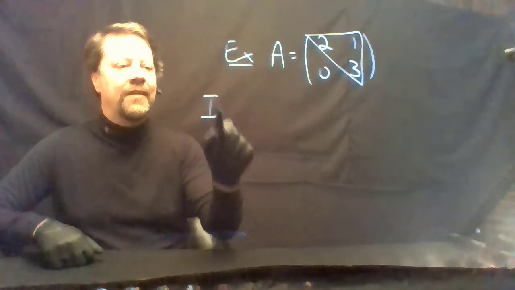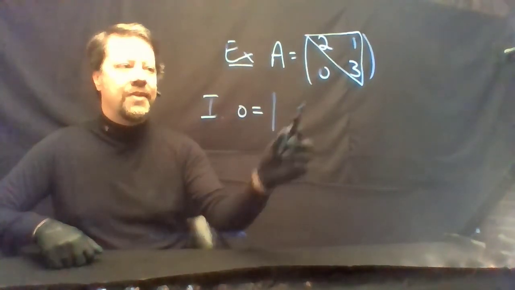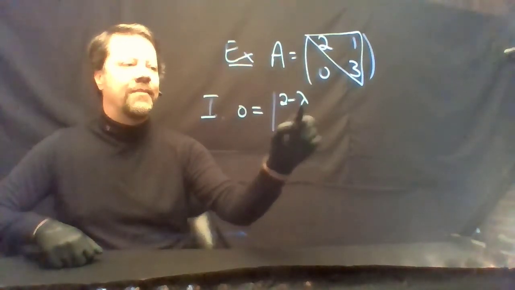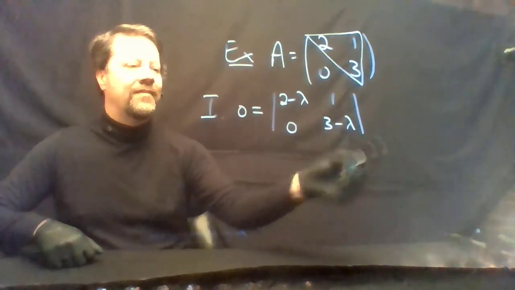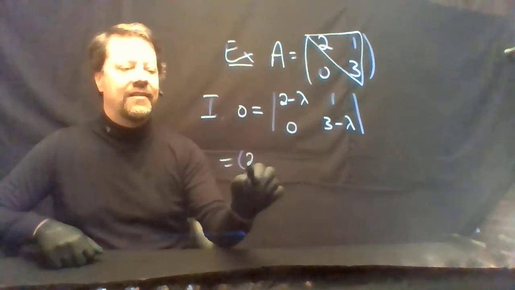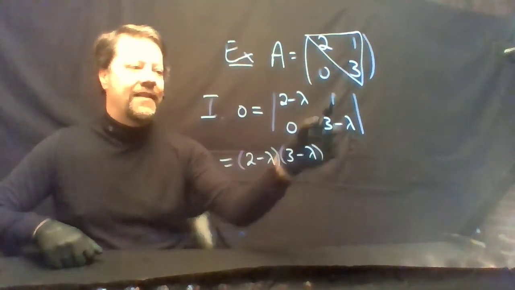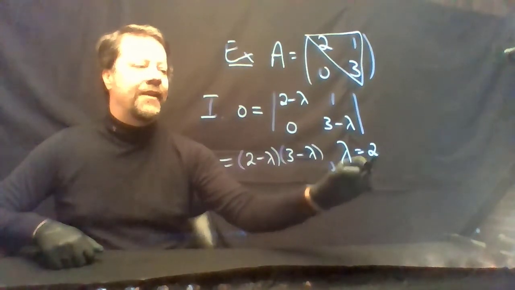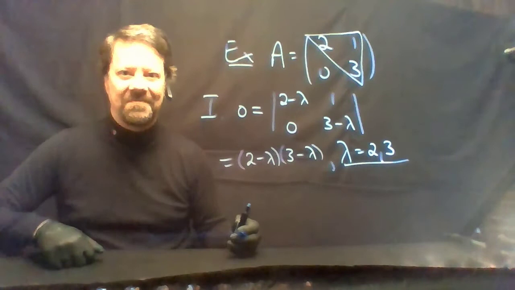On our step 1, we solve the characteristic equation. 0 is the determinant of the matrix with lambda subtracted from the diagonals. We obtain again (2 minus lambda)(3 minus lambda), and then minus 0. So once again, the eigenvalues are sitting right there on the main diagonal.